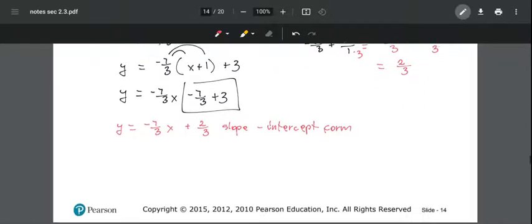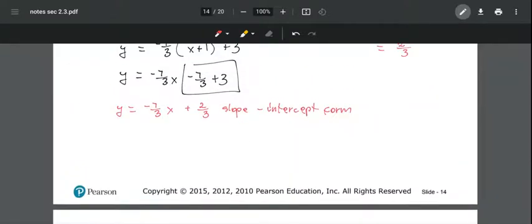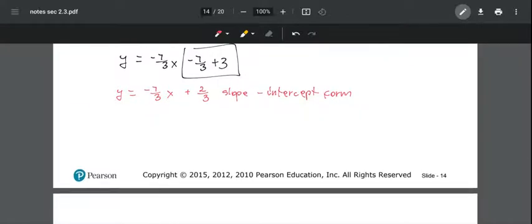And the last part, they want you to rewrite this equation in standard form.